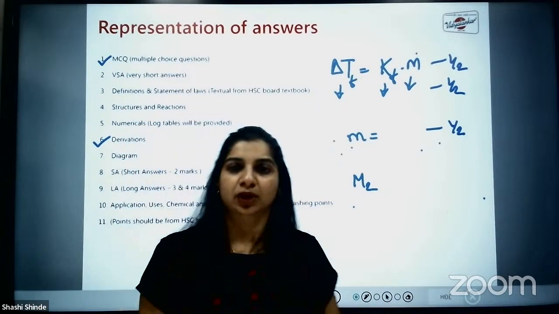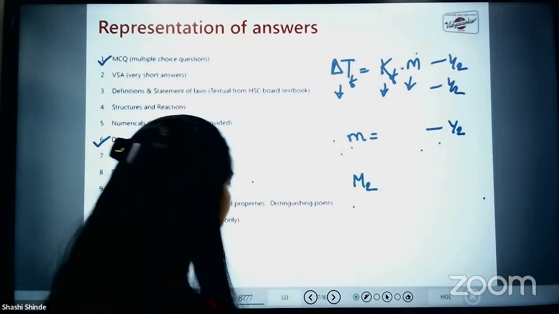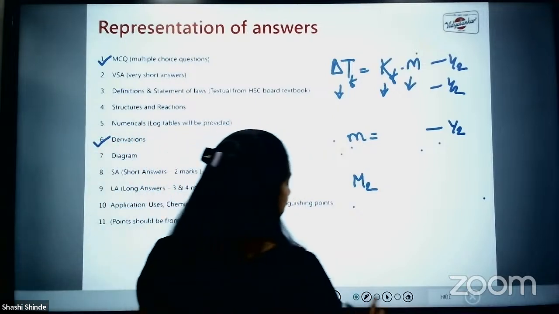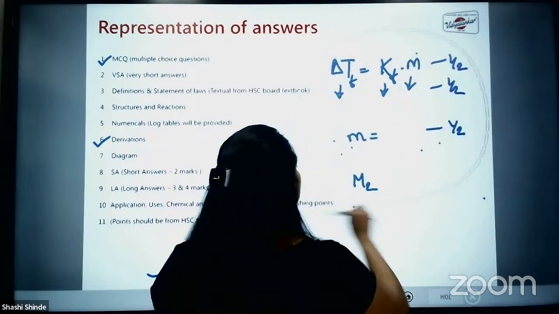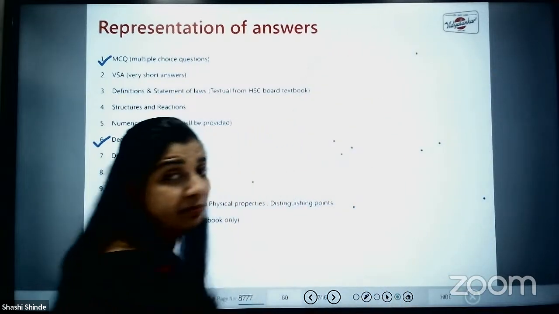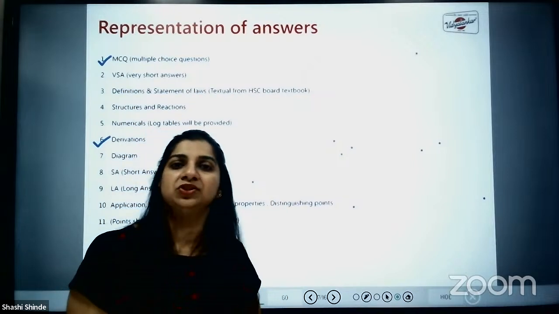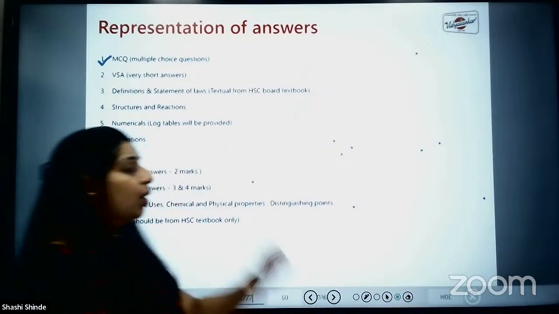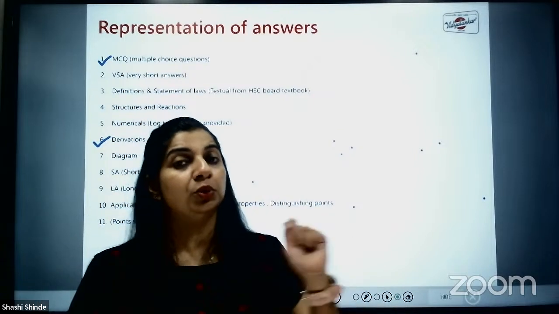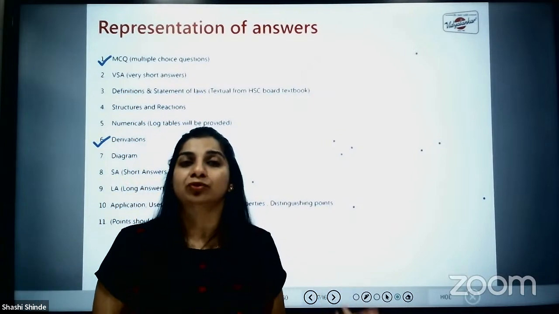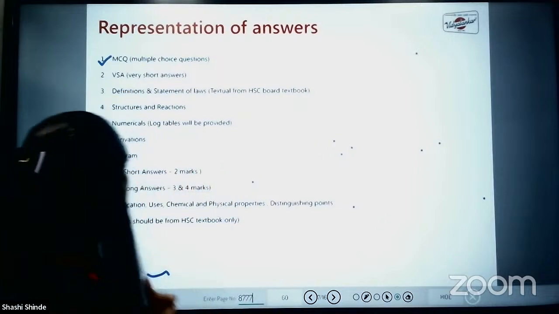Again, it will carry half mark, 2 marks as well for derivation. So in derivation, if it is asked for 2 marks or 3 marks, you have to write all the correct steps and mention all the terms which are involved. So you have to write what is W2, what is M2, that is molar mass of solute, molar mass of solvent, that you have to mention. Is that clear?